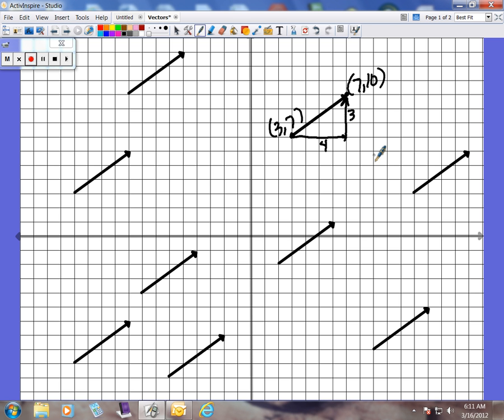Now, if you remember correctly from algebra, that was called rise over run when we found the slope, wasn't it? Determines the slant of that line, or the slope of that line. Well, it also determines the vector's direction.